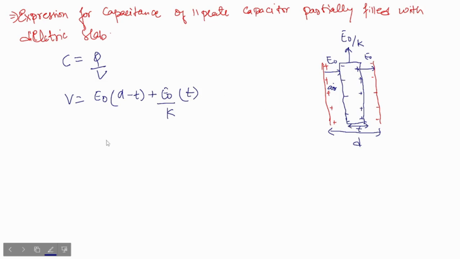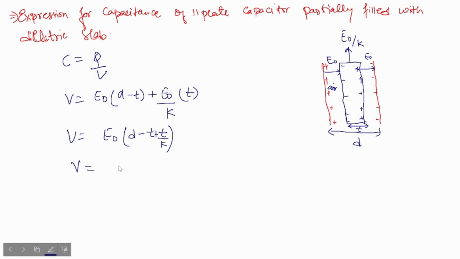So V will be, taking E naught common, E naught times d minus t plus t by k. This will be your potential.